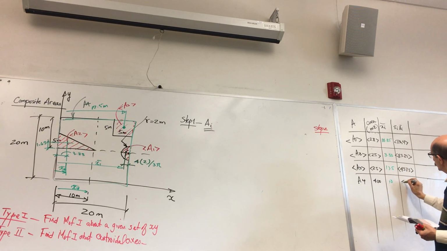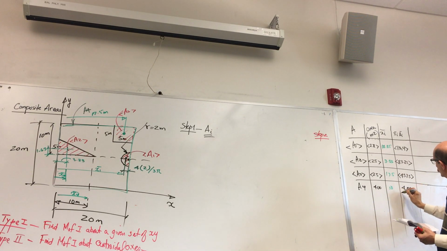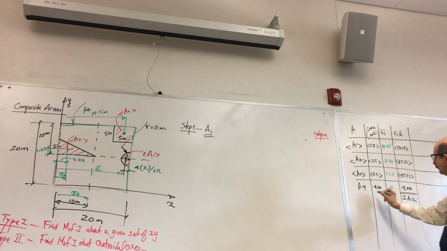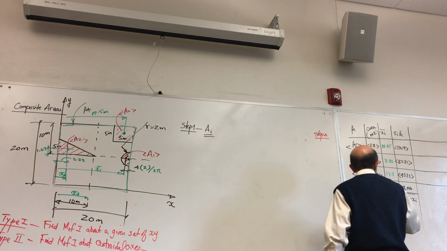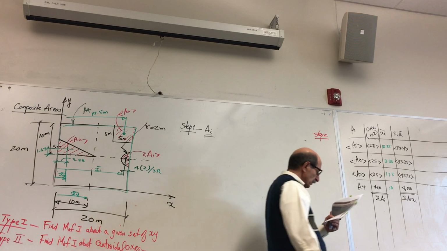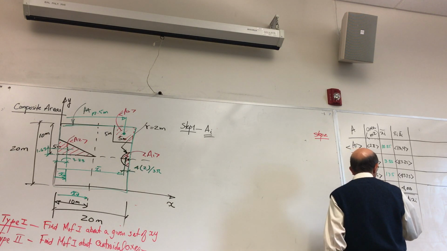This times that, 4,000. So this will give you the summation of Ai xi. This will give you the summation of Ai. I have the numbers here, 343.7.